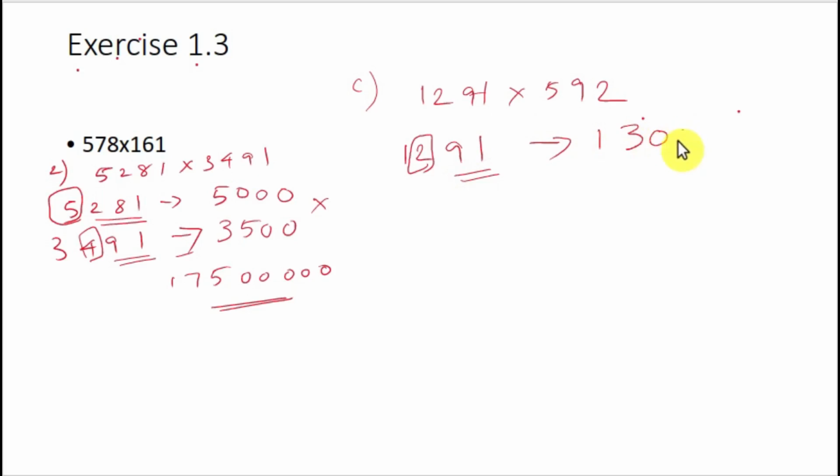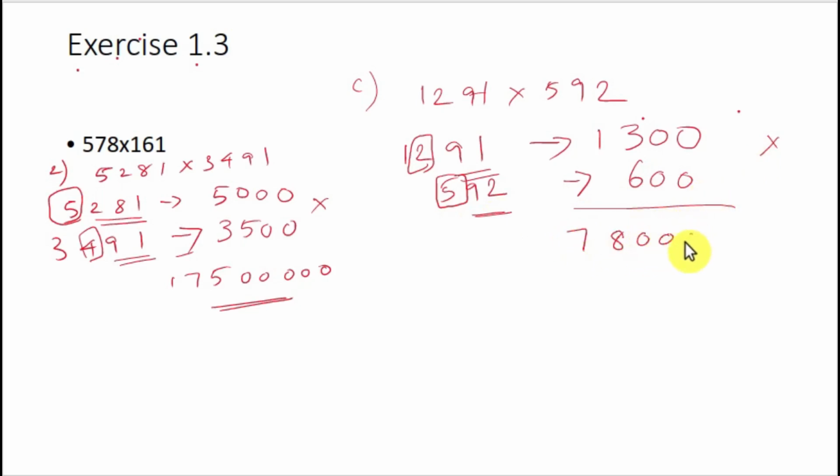So 1300. Here 592, I am going to round off to the nearest 100. So 92 is close to 100. So 600. 592 is close to 600. So when I multiply these, I get the answer. Understood?